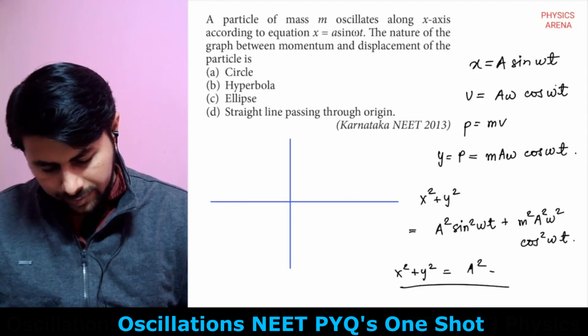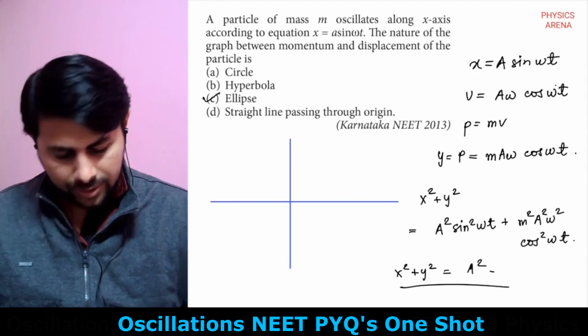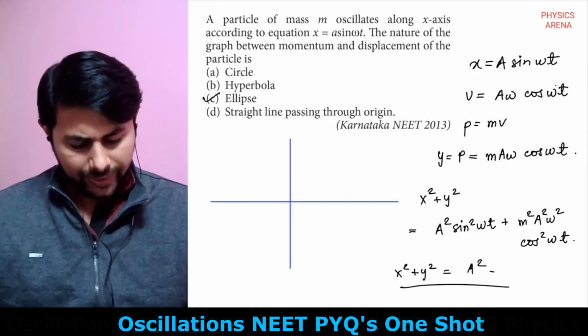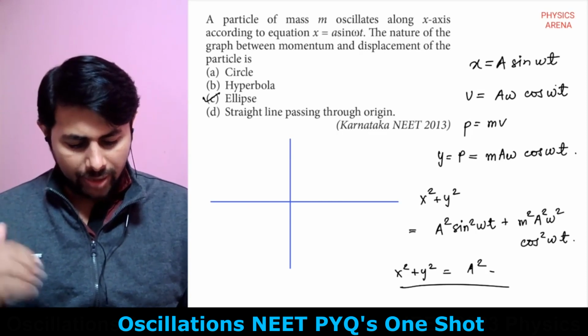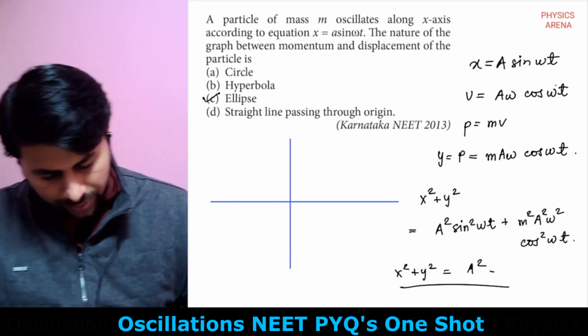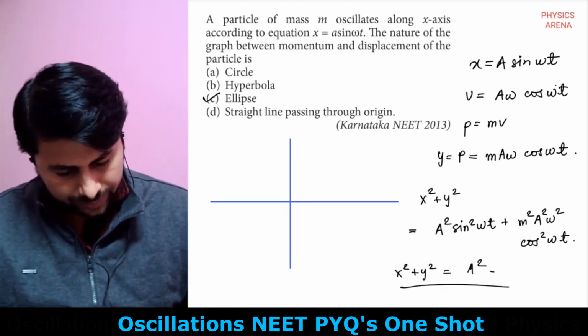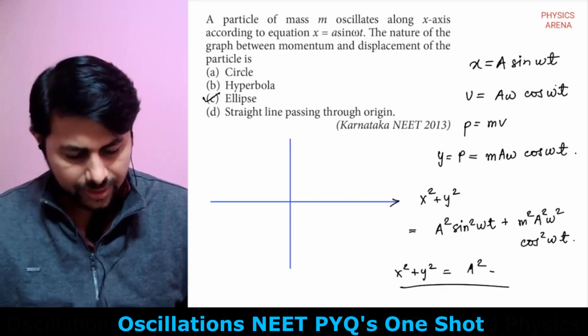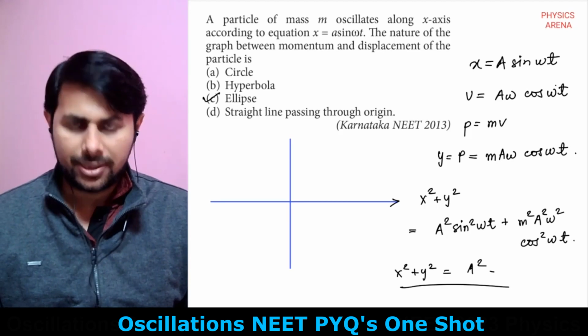So the answer is ellipse. Now let's see how that ellipse looks. On the x-axis we are going to plot a sine omega t.